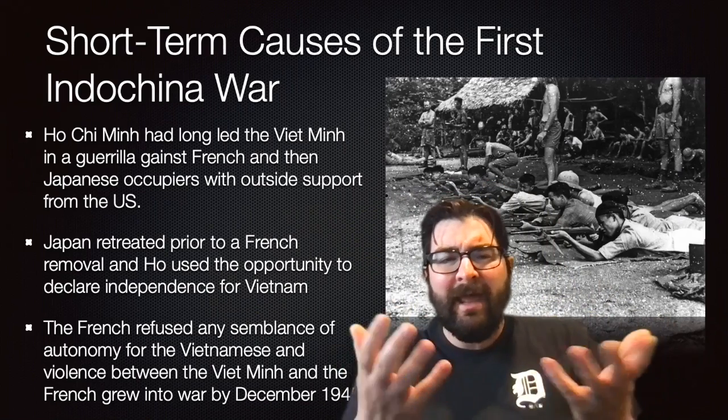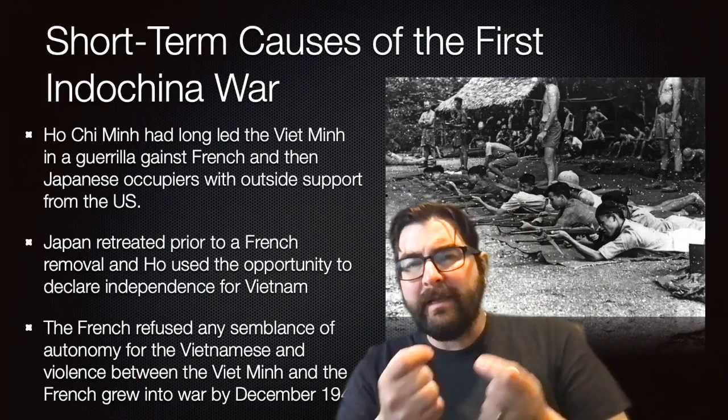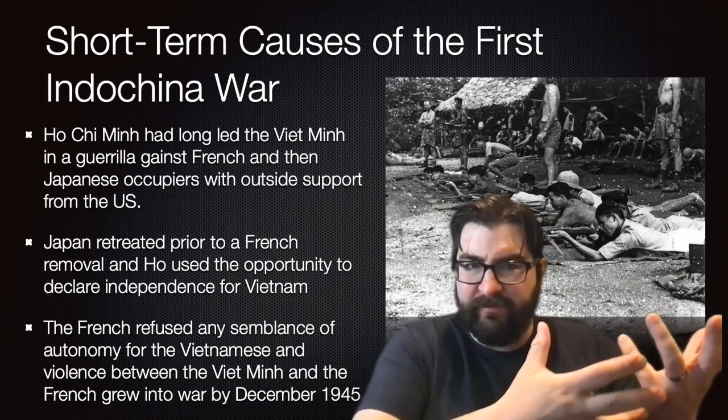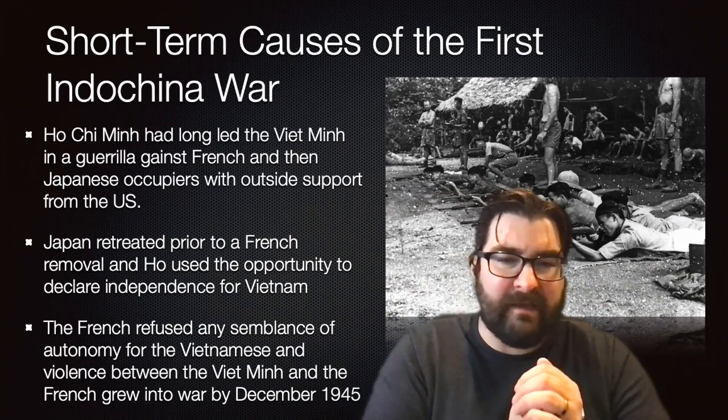Ho Chi Minh, at that point, begins to lead a fight against first the French and then the Japanese occupiers.